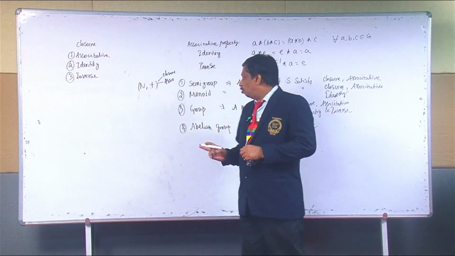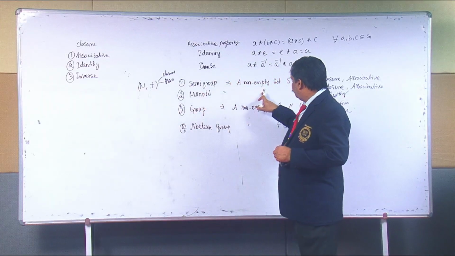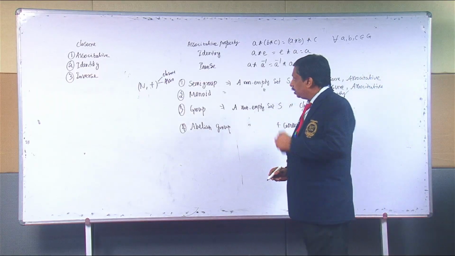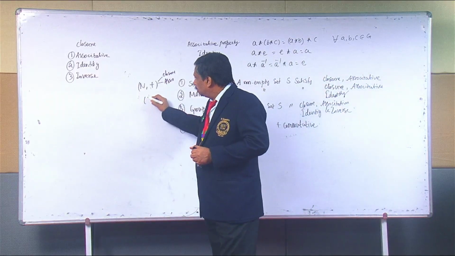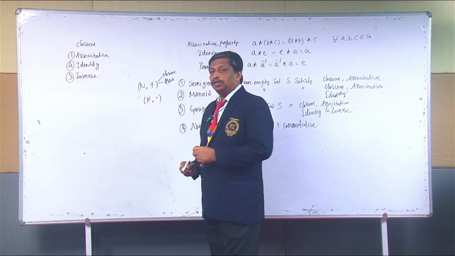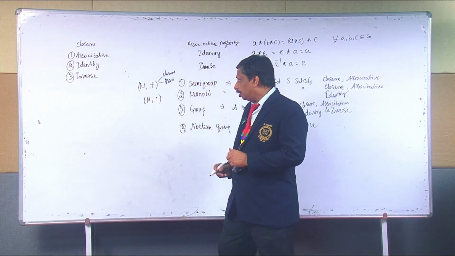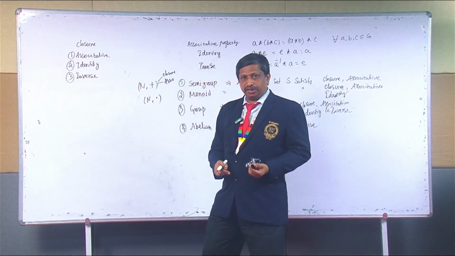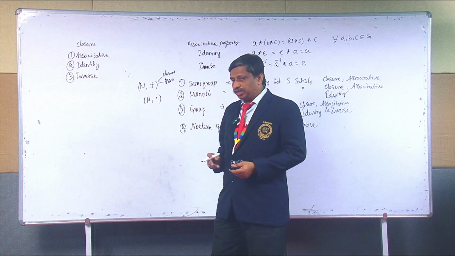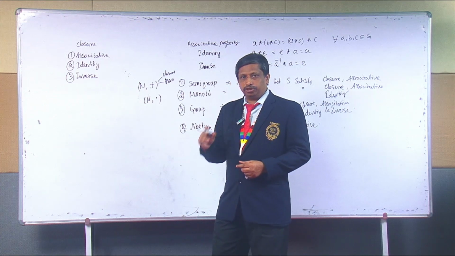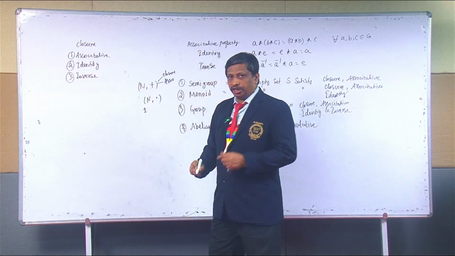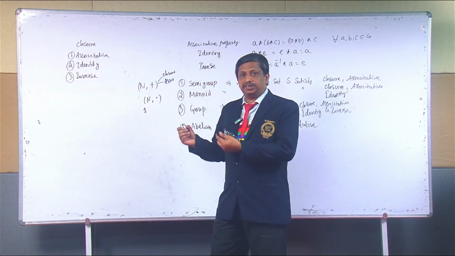Monoid. What is a monoid? A monoid is nothing but a non-empty set which satisfies closure, associative and identity. An example for monoid is N comma dot, the ordinary multiplication. Here N comma dot satisfies the closure and associative properties, and the identity element is 1, since any number multiplied with 1 gives the same number.